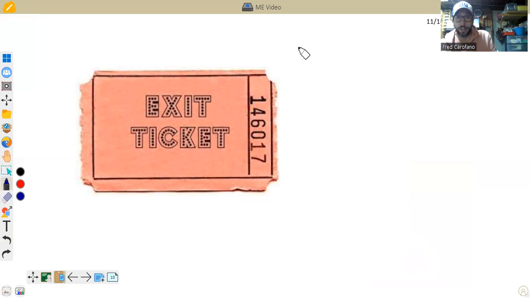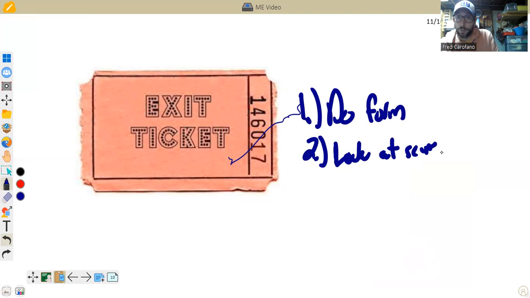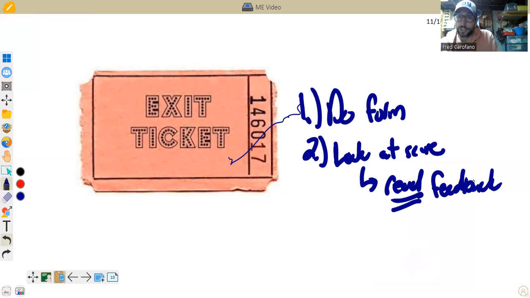So your job right now, the first thing you're going to do is do the Google form. Then the second thing you're going to do is look at how you did. You're going to look at the score, but more importantly, you're going to read the feedback that is provided. You'll see boxes that explain the question.